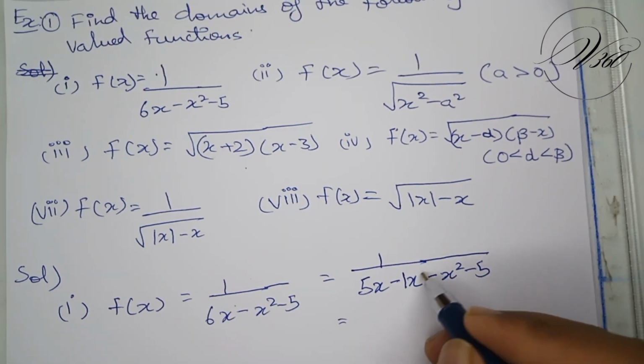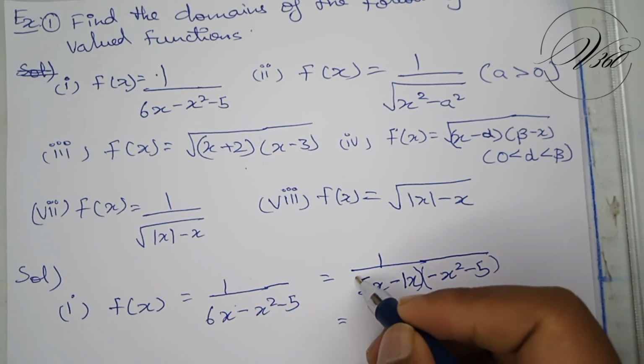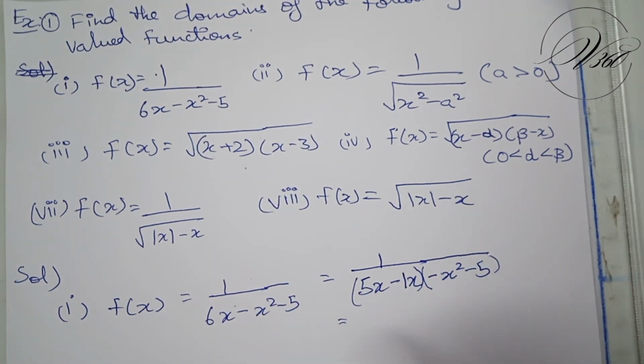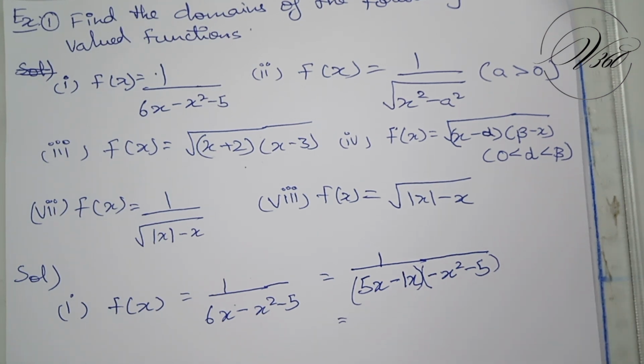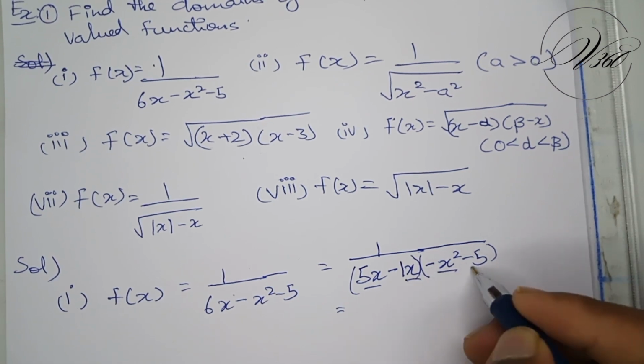First we will divide this and this into 2, okay? This is one part and this is one part. Now we'll take common. I think we have to take this and this as one and this and this as one.